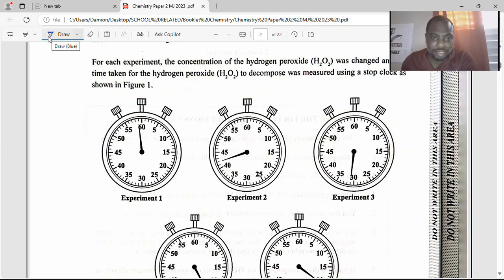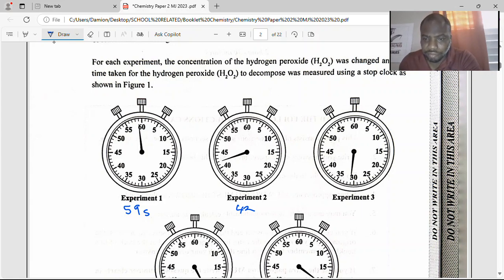In the first experiment, 59 seconds. In the second experiment, 42 seconds.